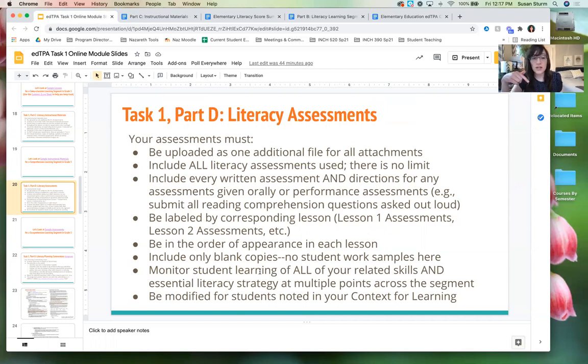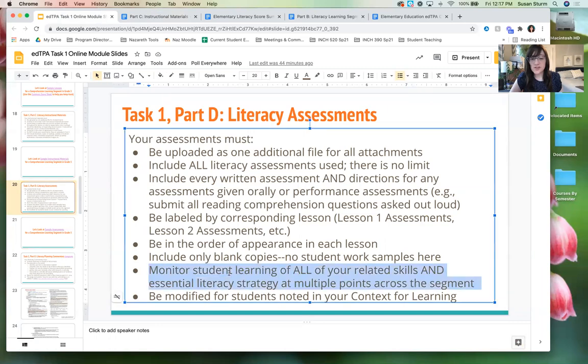That's for task 3. And make sure that you are monitoring the student learning of all your related skills and your essential literacy strategy at multiple points across the segment. For your planning commentary, you're going to have to write about how you're doing this. So it's not enough to just assess that your students can do the strategy, synthesize. You also have to repeatedly monitor throughout your lessons that they can do the related skills.